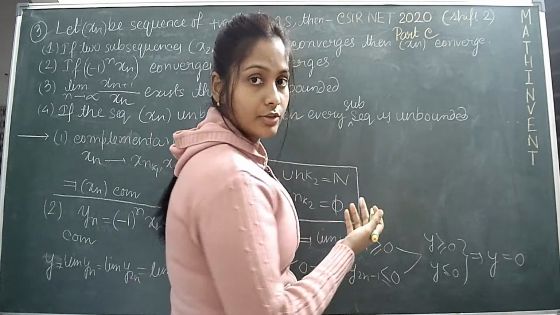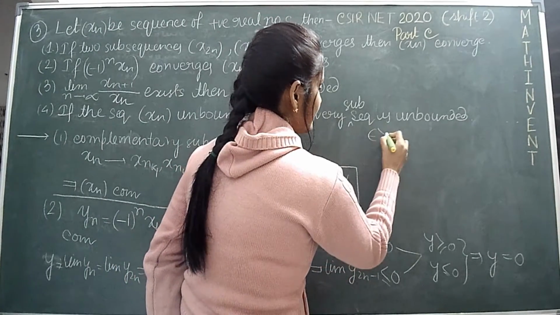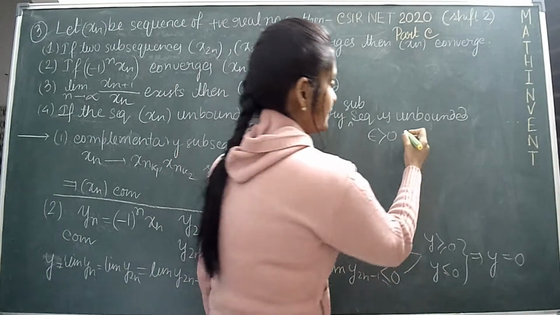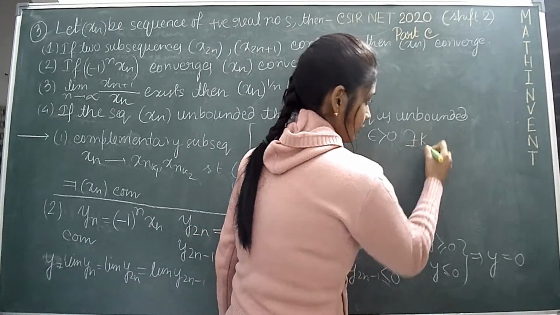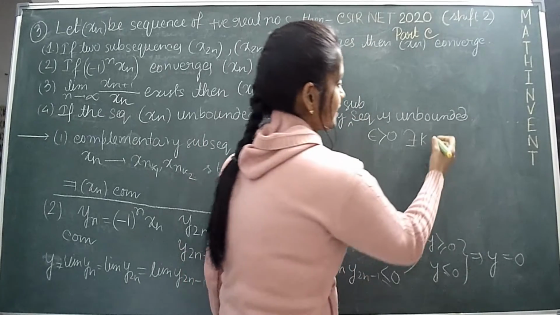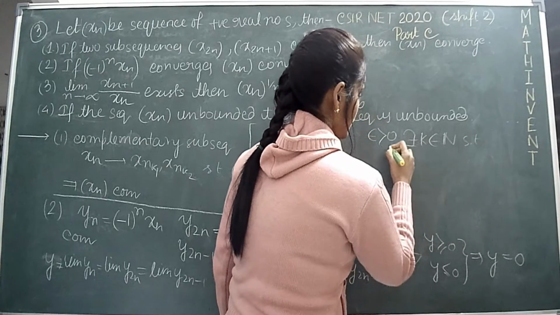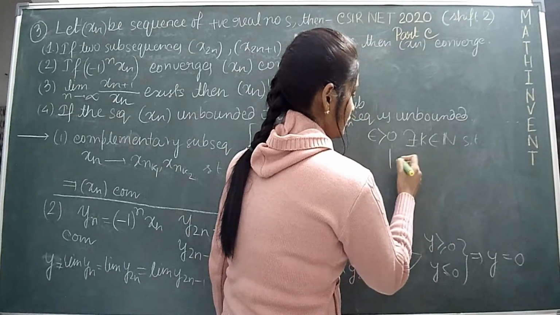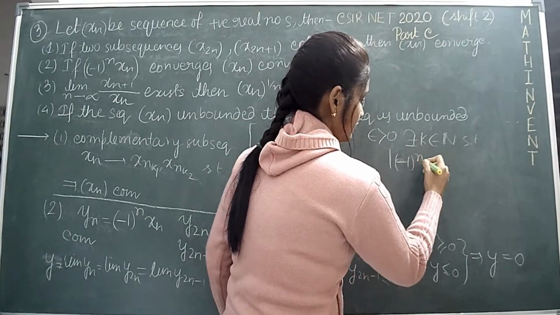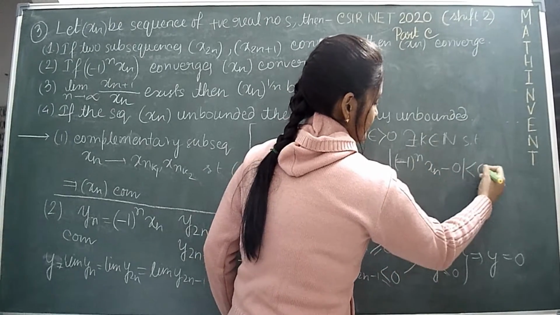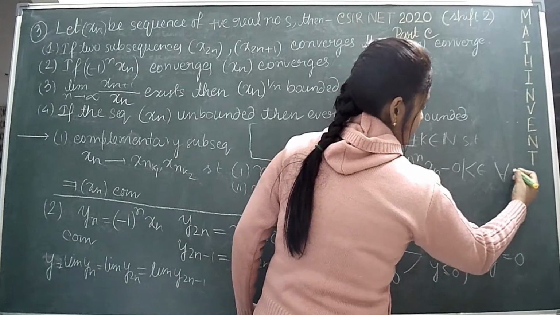So yn is convergent. Let epsilon be greater than 0. Since yn is convergent, by definition of convergent sequences, there exists a k belonging to N such that mod of (minus 1) power n xn minus 0 is less than epsilon for all n greater than k.